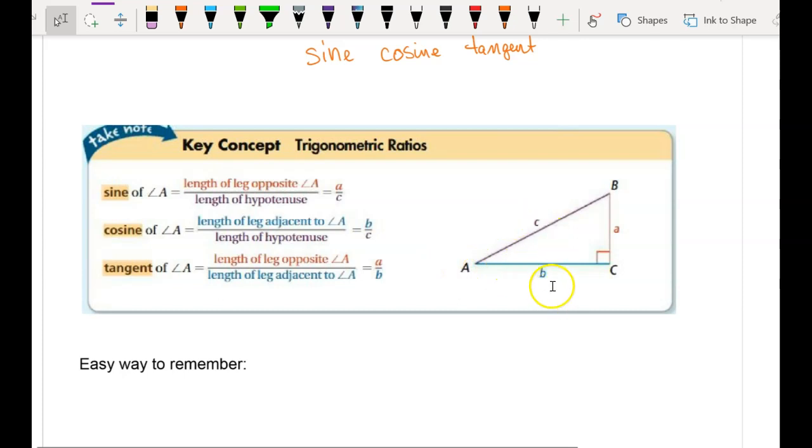Well, B and C, but C is called the hypotenuse. So this one is going to be B over C. And the tangent of angle A is the length of the leg opposite over the leg that's adjacent. So that's going to be A over B.